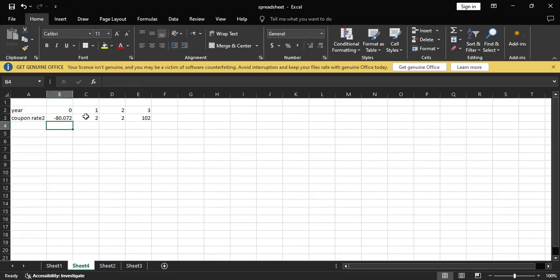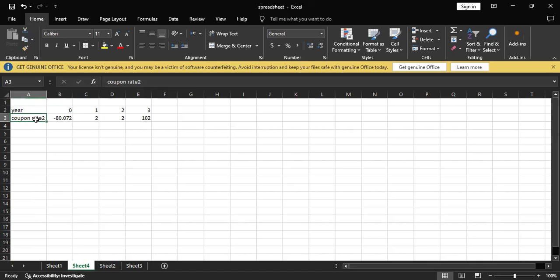Again, I am repeating my point. Whenever the examiner is asking you to compute the YTM of the redeemable bond, we will apply the IRR technique. We will place the already calculated market value in year 0, every year coupon, and in the last year coupon plus redemption value.